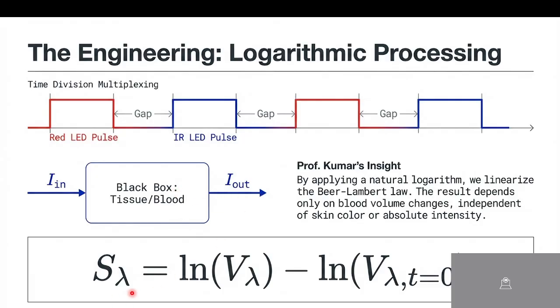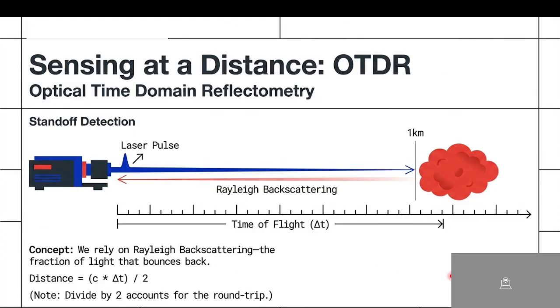So for that, this is the equation: S lambda is equal to ln V lambda minus ln V lambda at t0. So initially how much the voltage was, and after that how much the voltage is, can be easily understood in terms of that oxygen concentration.